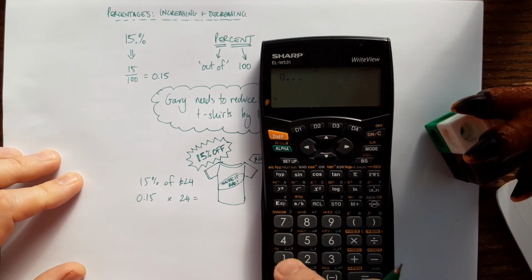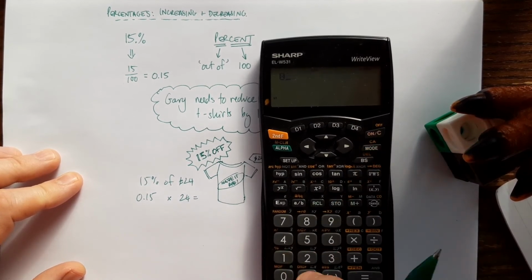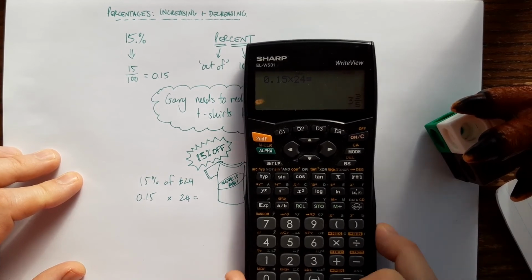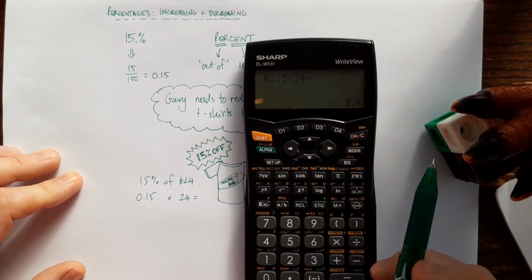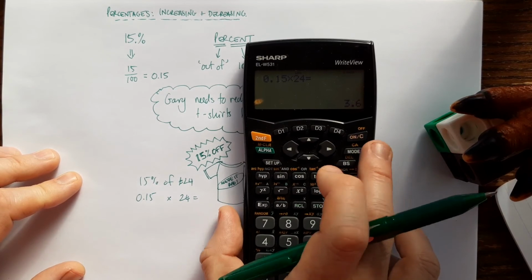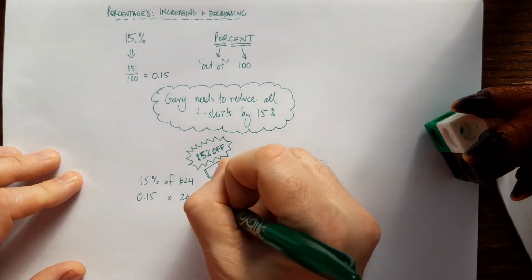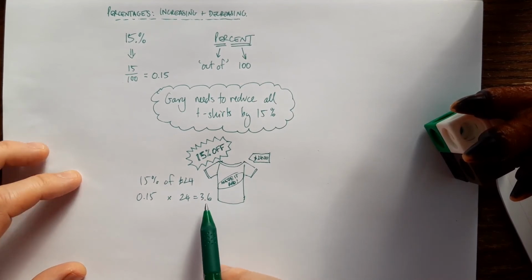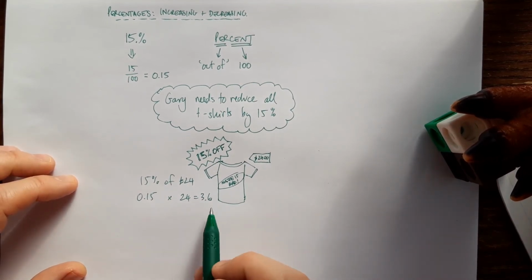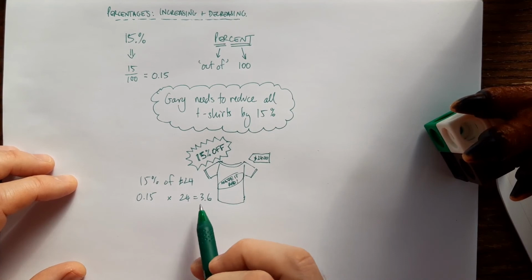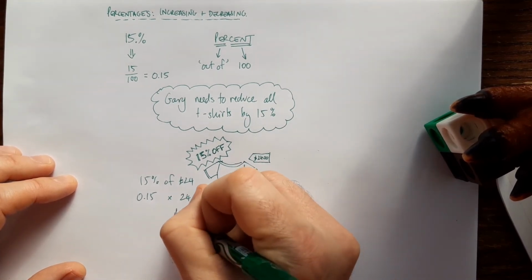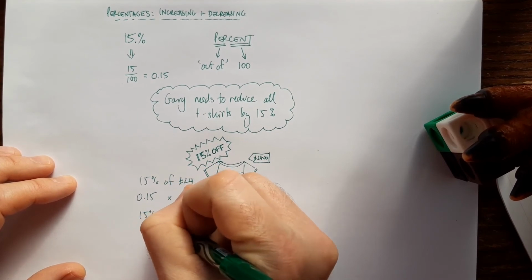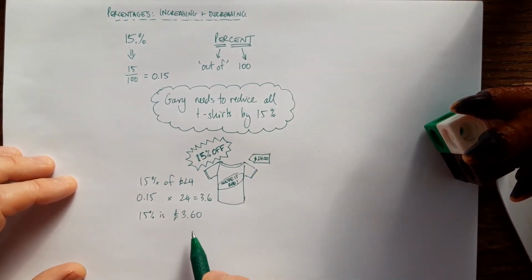Because 0.15 times 24 pounds gives us a total of 3.6. Okay. Now, obviously 3.6 is the answer for a calculator. The calculator doesn't know we're talking about money, so we need to remember, oh, that's actually £3.60. So 15% is £3.60.